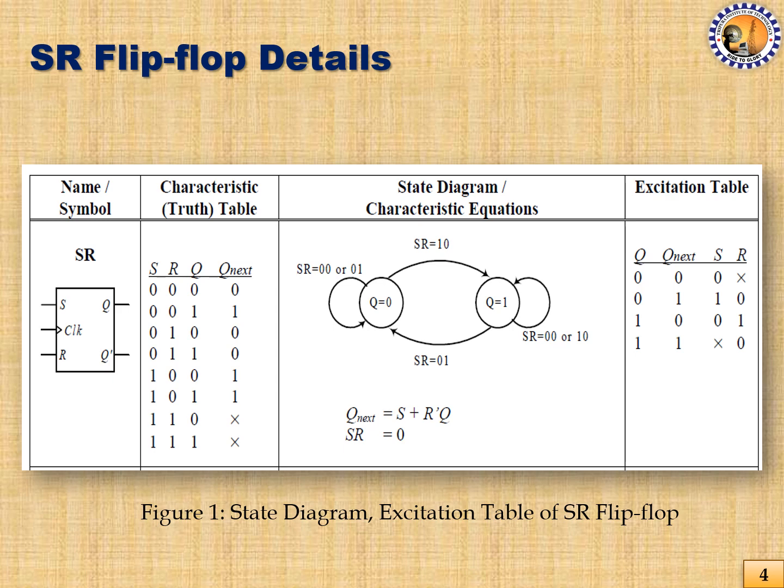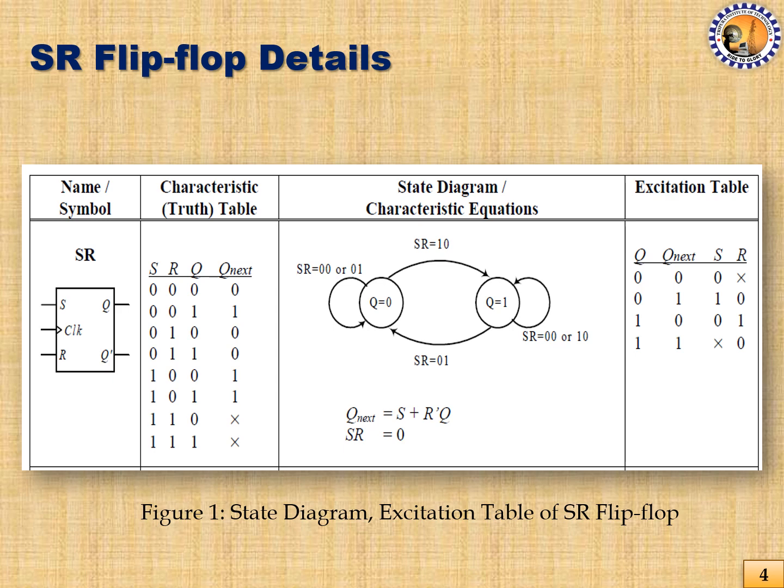And these two equations are called characteristic equation for the SR flip-flop, where this is the simplified expression. If we use this in a Karnaugh map and take S, R, and Q as input and Q next as output, then we will get this simplified expression from that Karnaugh map, or we can use Boolean theorems and laws to simplify this expression.